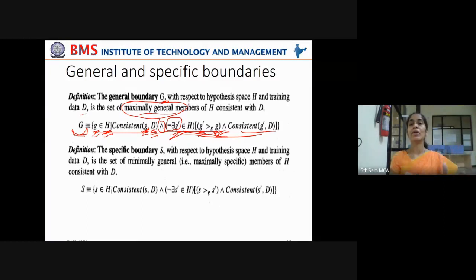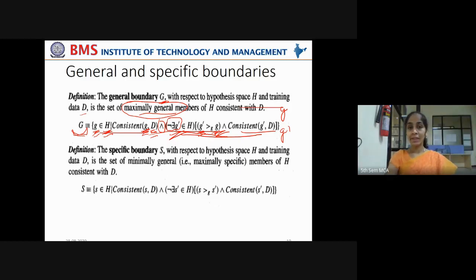Only then it is called the general boundary. If you don't understand in this first instance, read this again and again. You will clearly understand. I want only G. I don't want any G dash that generalizes better than G. That itself is the definition.